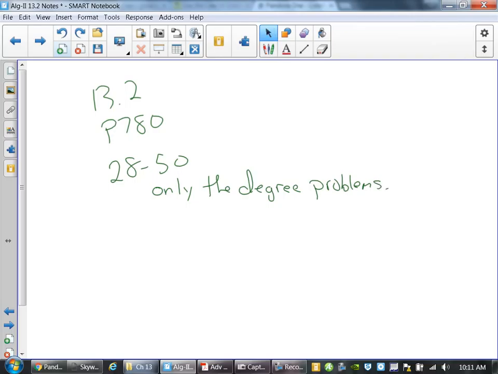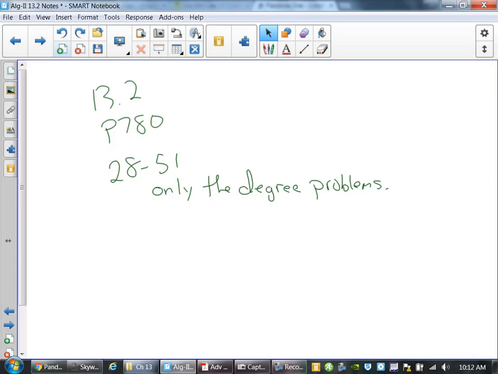On these problems, they're mixed between degrees and radians. Radians are the ones with pi in it. It actually goes through 51. All I want you guys to do is the degrees. There's only 15 of them.